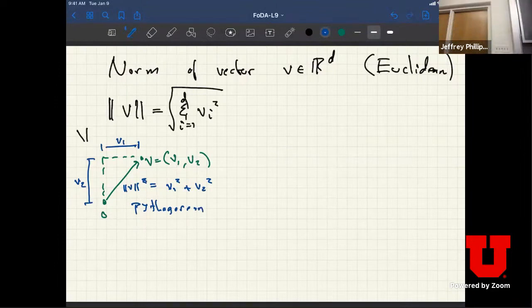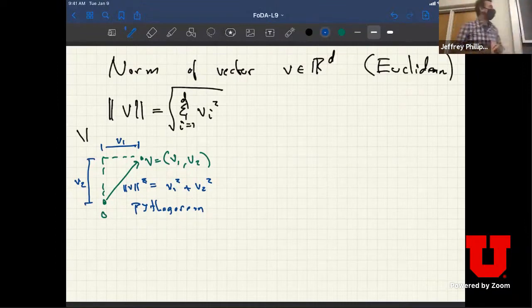In higher dimensions, the same sort of Pythagorean theorem just generalizes to more and more coordinates. Think of now, I can think of this vector coming slightly out of the plane. So think of it as sticking a little bit out of the plane. Now I can decompose it into v1, v2 I see here, and maybe v3 is kind of sticking out toward you, right? Hopefully not too far.